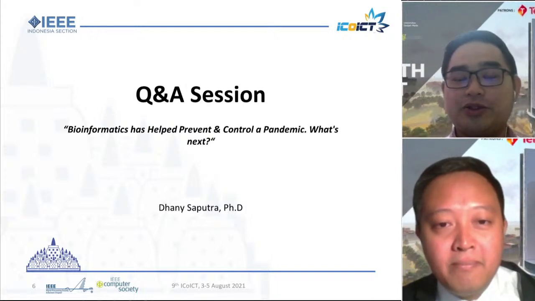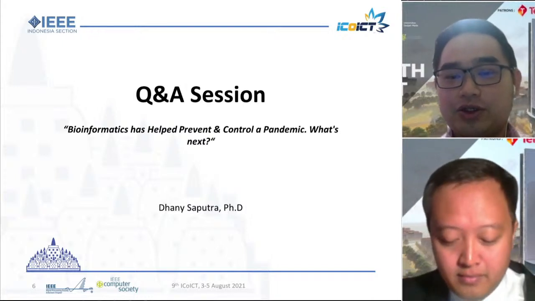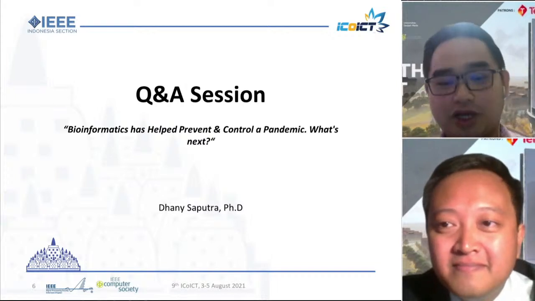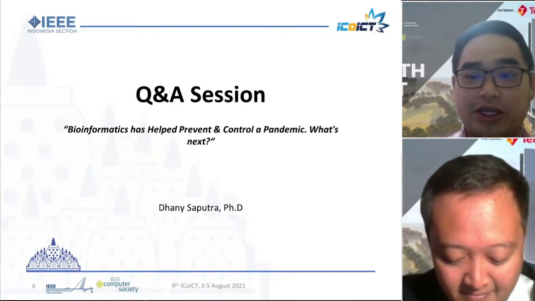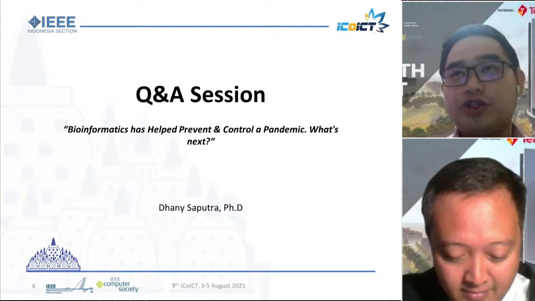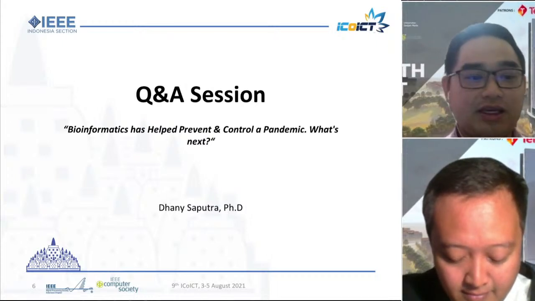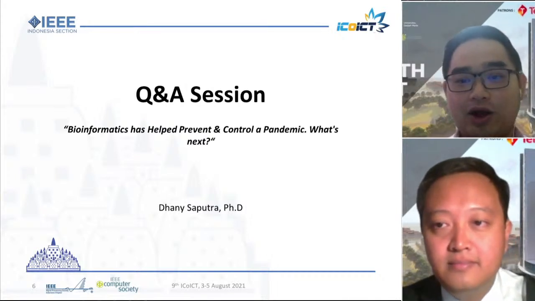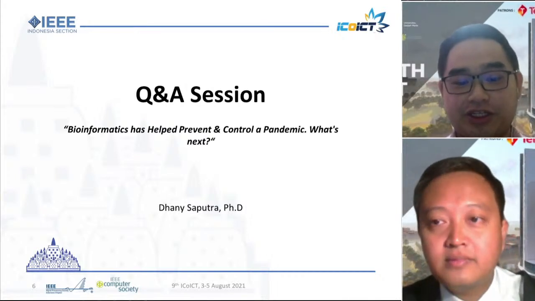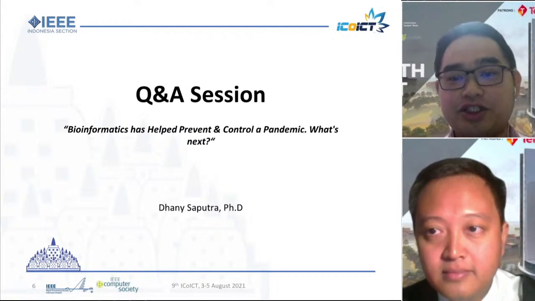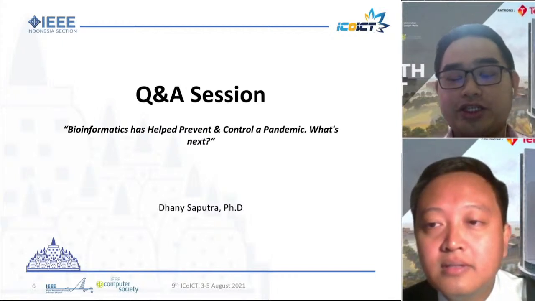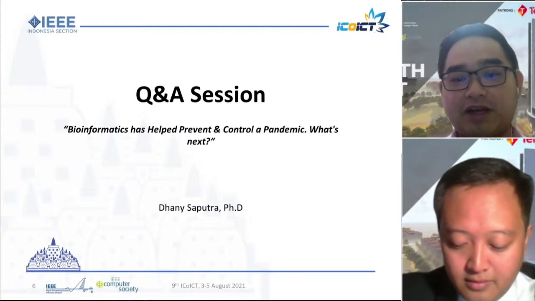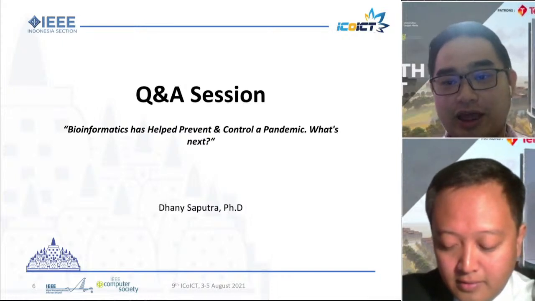So maybe I will start with, because throughout the talk Dr. Danny mentioned Illumina and nanopore, maybe our audience are not really in NGS, so they're not really aware of the sequencing technology here. So Dr. Danny, can you share how nanopore has advantages over Illumina and vice versa?